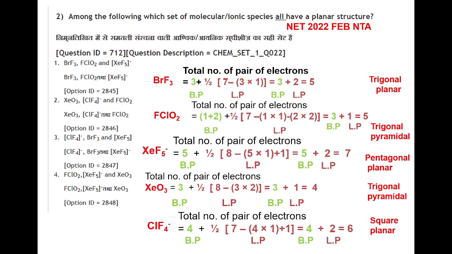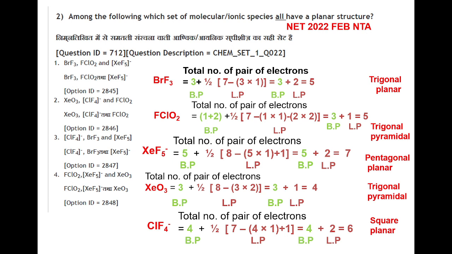Listen, these are the shapes of all the molecules given in the choices. BrF3 is trigonal planar having 3 bond pairs, 2 lone pairs. FCl2 has 3 bond pairs, 1 lone pair, that is trigonal bipyramidal. XeF5 minus will be pentagonal planar.